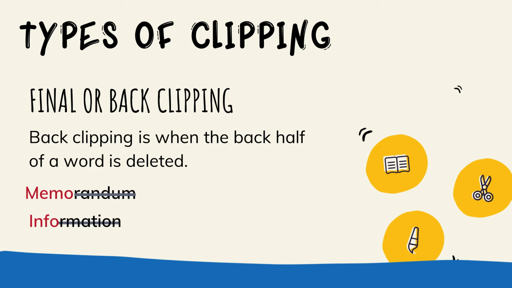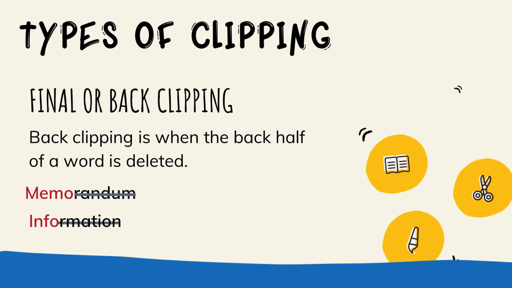So clipping comes in 4 basic varieties. Number 1 is final or back clipping. As we have seen in exam and examination, back clipping is when the back half of a word is deleted, meaning the last few letters of the word were deleted.